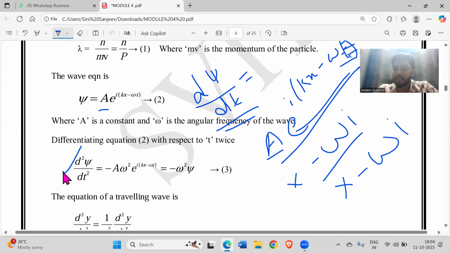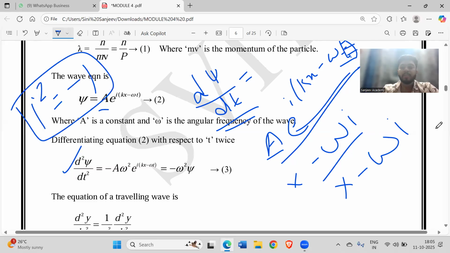Minus into minus is plus, omega into omega is omega square, and i into i is i square. What is the i square value? It is minus 1. Suppose you don't know the i square value, you take your calculator, go to mode, press 2 for complex. Then you can find i, the alphabet i, in the calculator. If you square it, i square, you will get minus 1. So that later on you can do it.